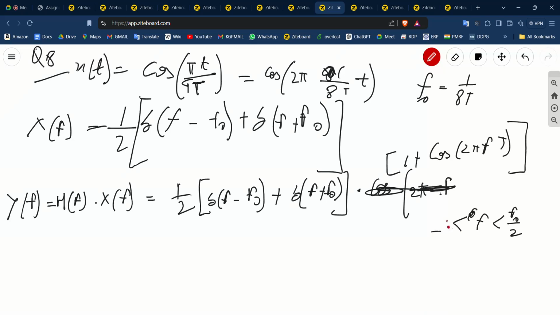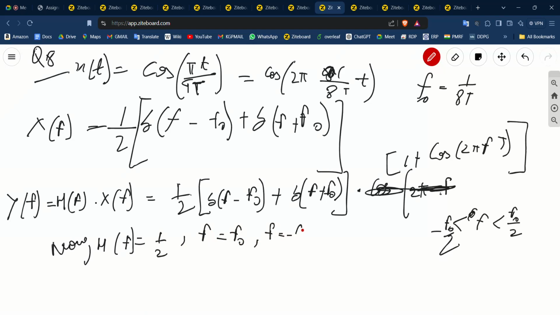But in this range, H(f) is equal to half at f equal to f naught and f equal to minus f naught, and 0 elsewhere. So in this particular range, H(f) will be 0. So Y(f) finally will be 0.